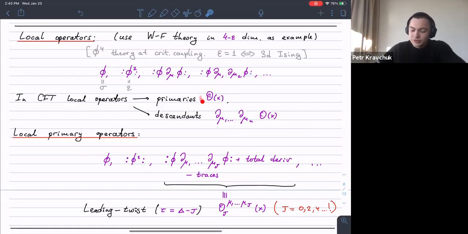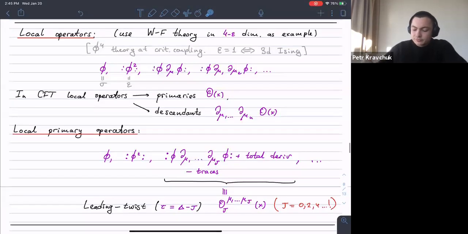So as we discussed before, in CFTs, some of them are going to be primaries and some of them are going to be descendants. In particular, if you filter out the primaries from this expansion, the simple primaries that we get are phi, phi squared, and also operators, for example, of the form phi, a bunch of derivatives, phi, to which we add some total derivatives to make them transform nicely under the conformal group and subtract some traces to make the operator irreducible.